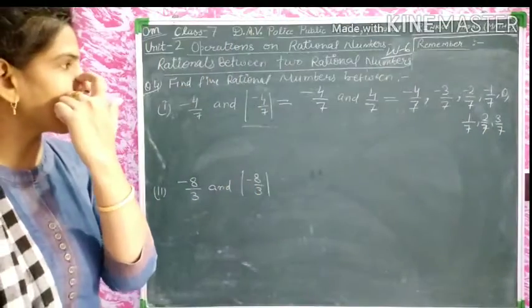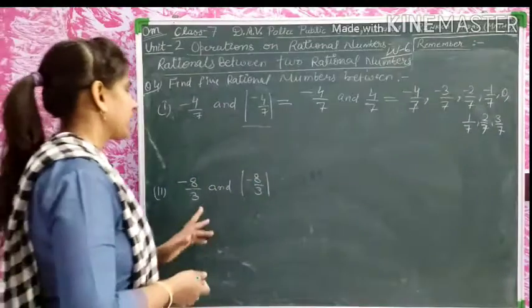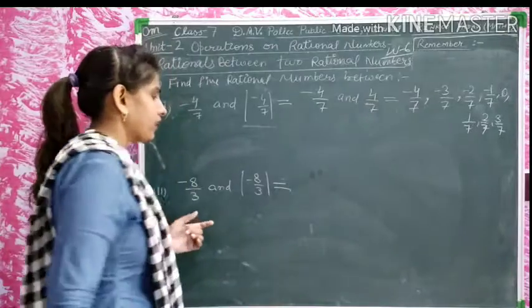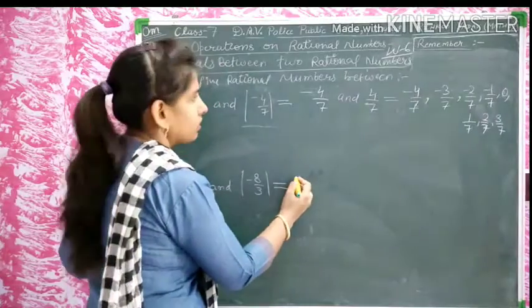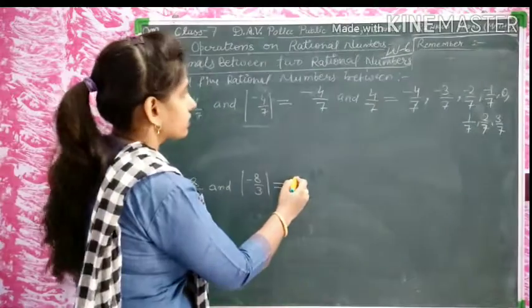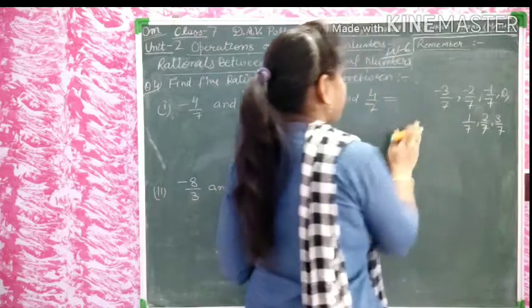We write these as sevenths, and we can write any 5 from these numbers. Now we have to write here the 5 rational numbers. So we can write here. This is not the between numbers, this is the between numbers.